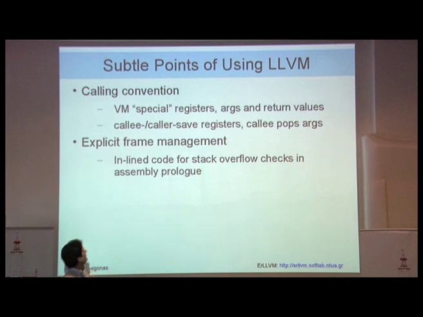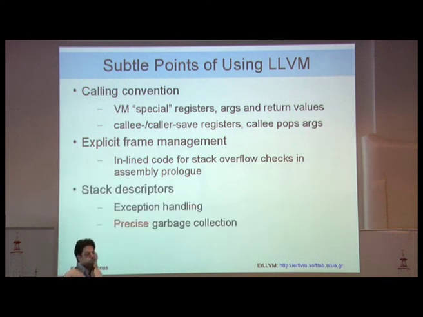We had to write an explicit frame management module, which has inline code for stack overflow checks in the assembly prologue. And we also had to do something about stack descriptors to support both exception handling and the precise garbage collector. It turns out that actually LLVM does not have very, very good support for garbage collection, despite all the things that you read on the web.